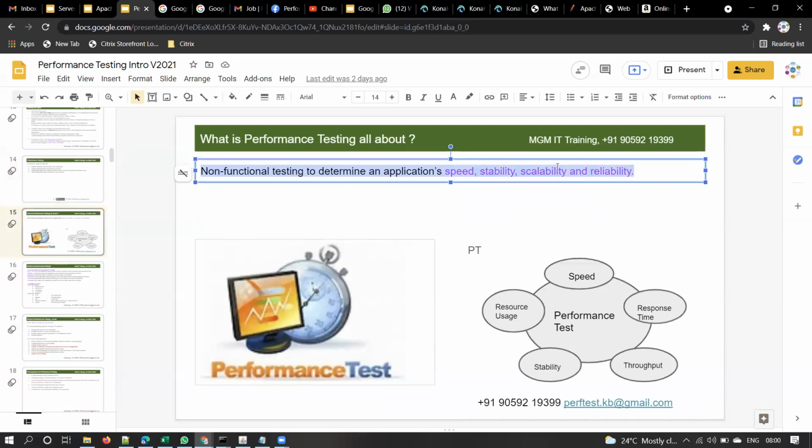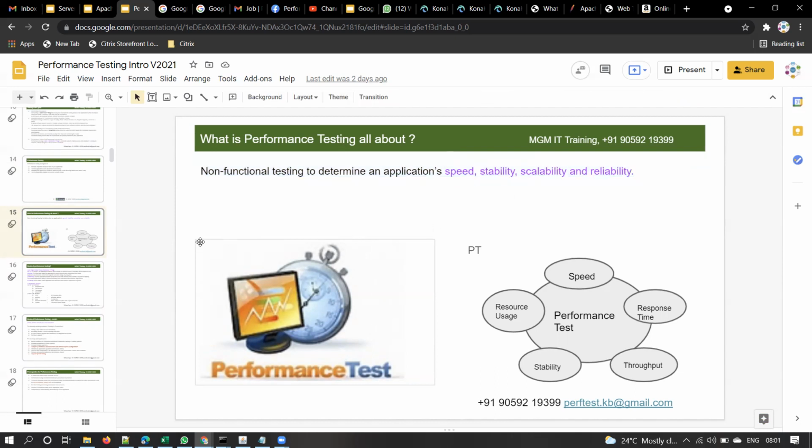So we do performance testing to find out application speed, stability, scalability, and reliability.